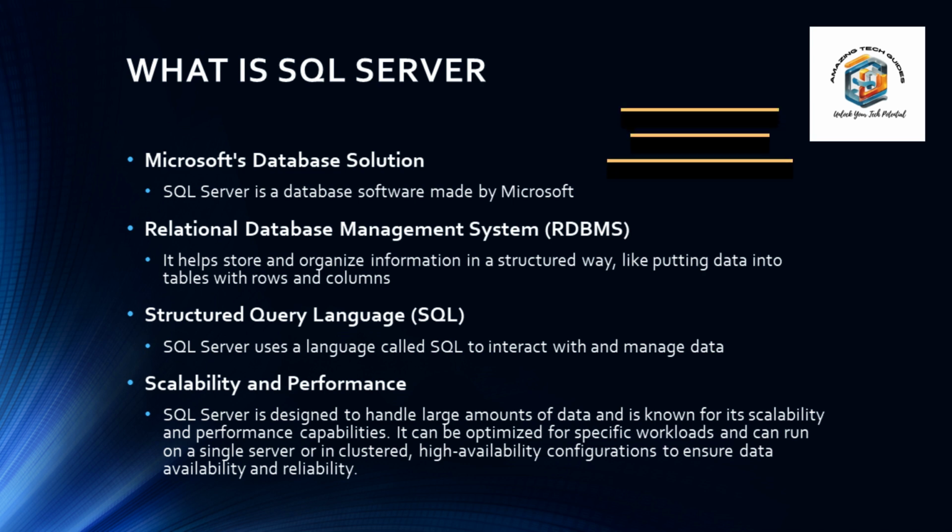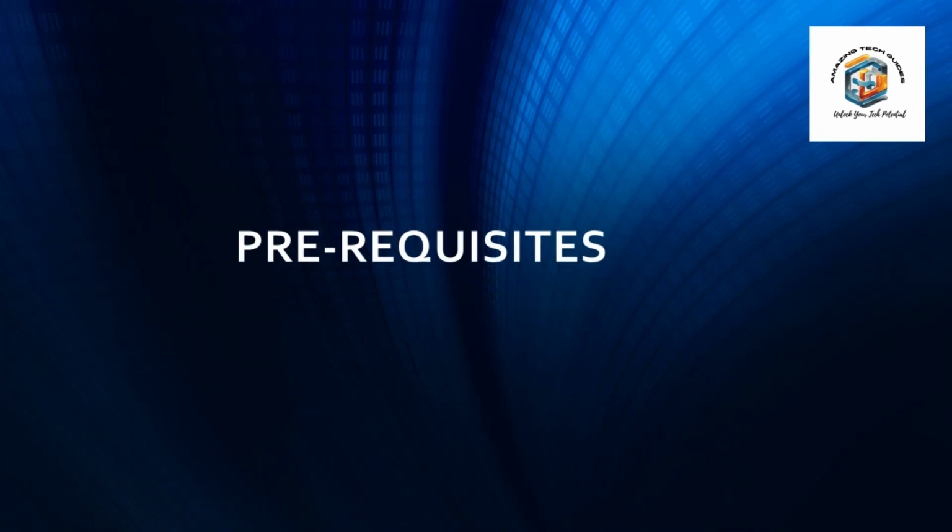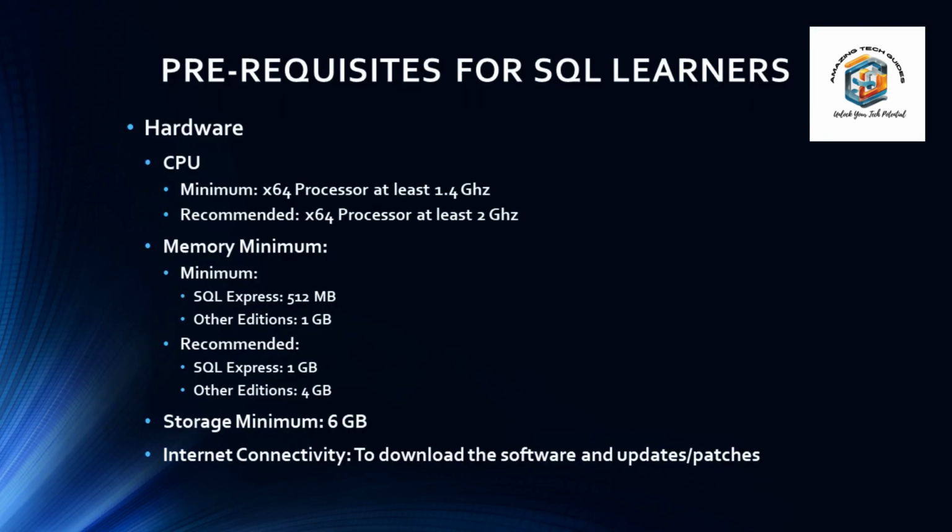with databases. To successfully install SQL Server, you need to ensure that your hardware and software meet certain requirements. On the hardware side, you should have a compatible 64-bit processor with at least 1.4 GHz speed, 1 GB of RAM or more, and a minimum of 6 GB of available storage space.